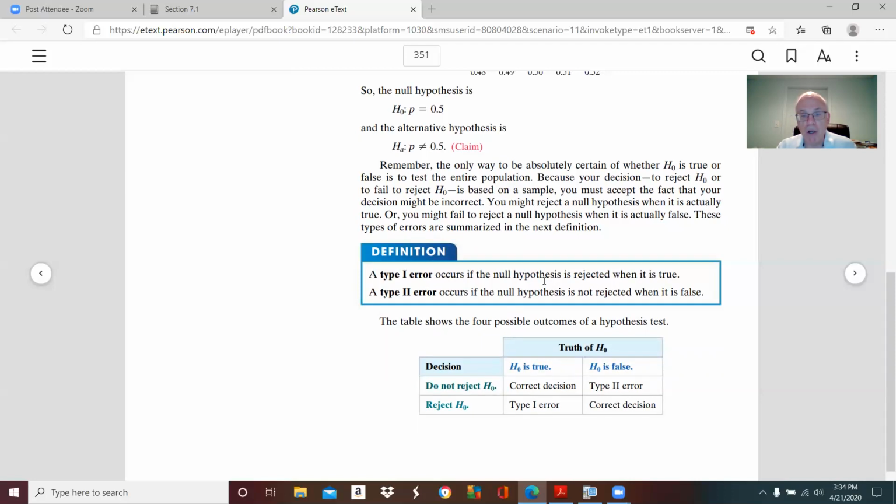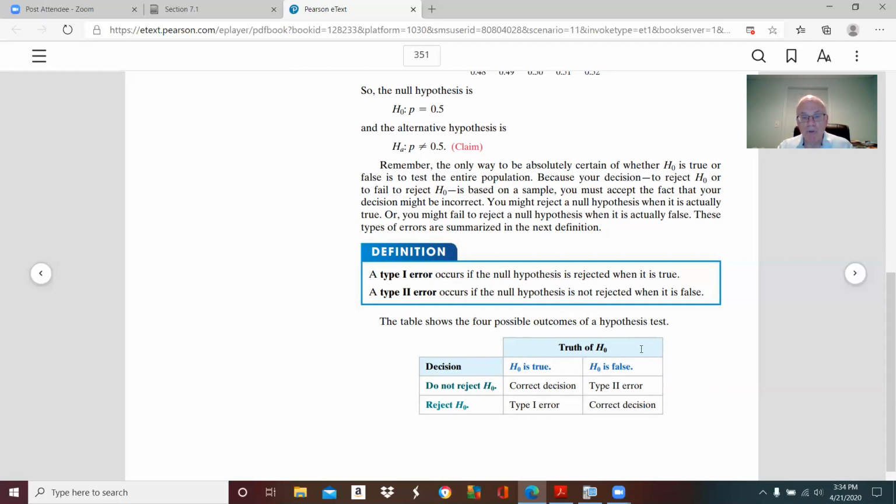So if we reject the null hypothesis when it's actually true, this is called a type 1 error. A type 2 error would be the case where they did not find the person guilty, and yet the person really was guilty. So that's what's called a type 2 error, when the null hypothesis is not rejected when it should have been, when it's actually false.